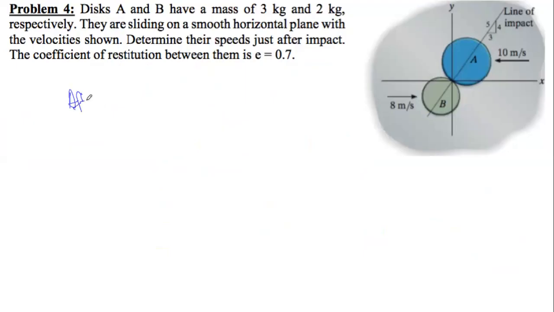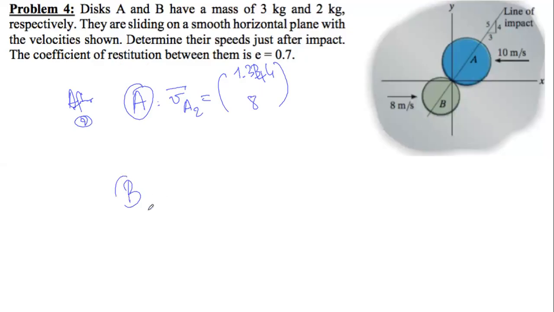Meaning after collision, which is situation 2, for particle A, I will have VA2 with two components: 1.34, which I called alpha, and then 8. And B has two components, VB2, which are minus 6.216 and minus 6.4. If you know the components, now you can know the speed.